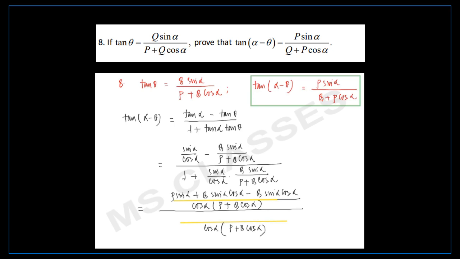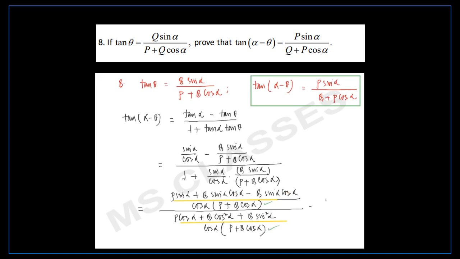Now here, if we multiply this, what we get here: p cos alpha plus q cos square alpha plus q sin square alpha. So in this case, this and this will get cancelled. Now what we are left with? You see this and this cancels out. This one is the same thing, cancels out. So what we are left with?